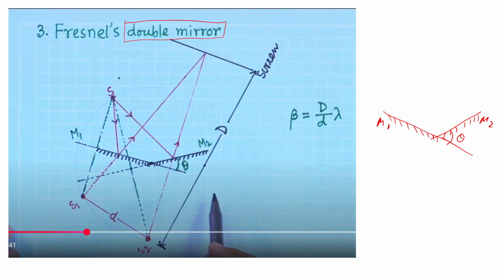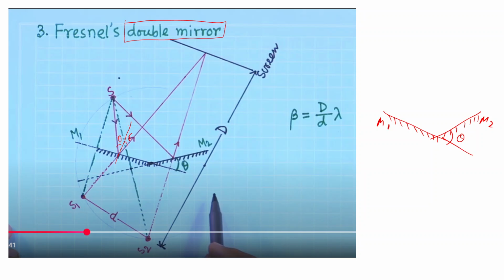So if I have a source S, when one particular ray reflects from mirror M1, if I make a normal to this mirror, this is the angle of incidence and this will be the angle of reflection.